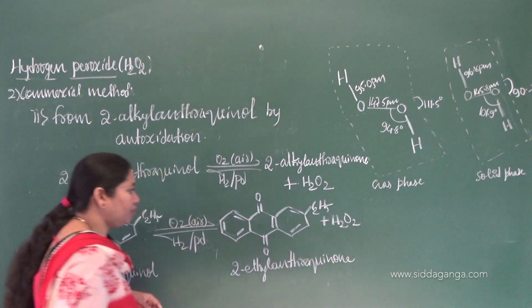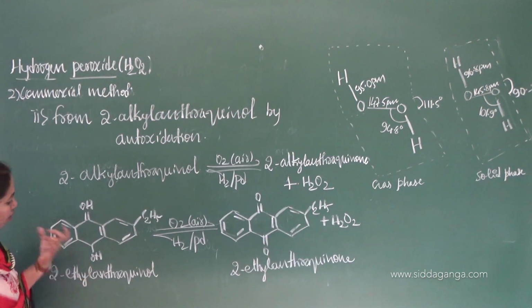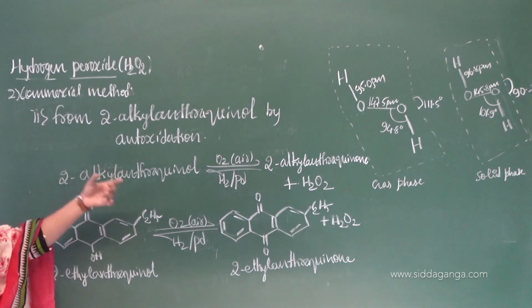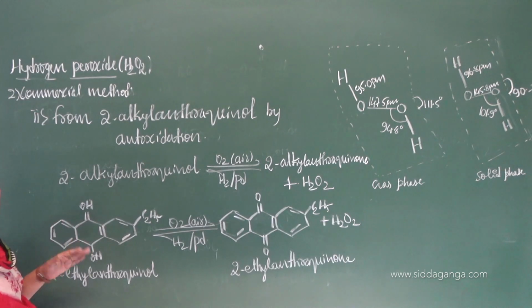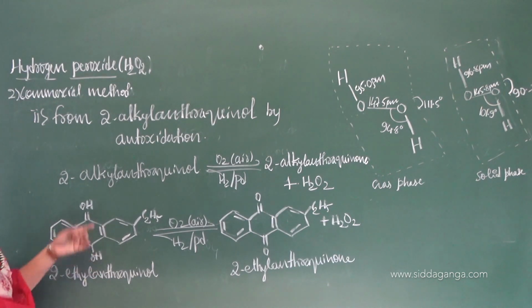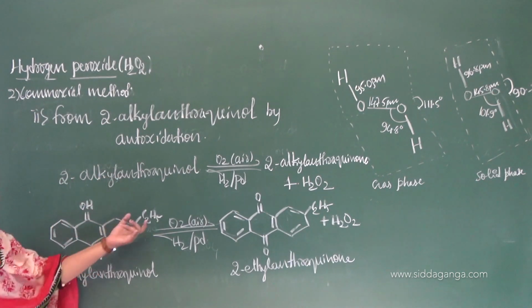Quinone. You can make a note of this because it is not given in the NCERT textbook. It is a very simple method which is used for the preparation of hydrogen peroxide commercially on a large scale. The best method used for the preparation of hydrogen peroxide is this one, that is from 2-alkyl anthraquinol. You can have 2-butyl anthraquinol also.